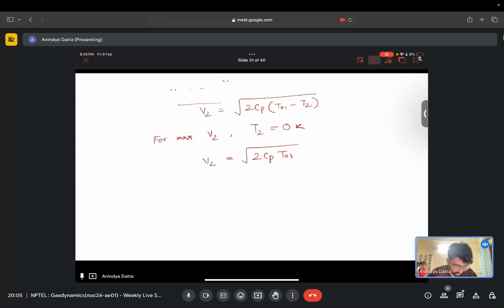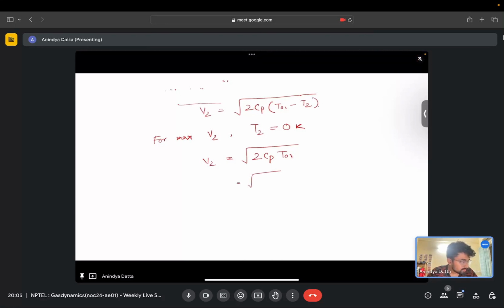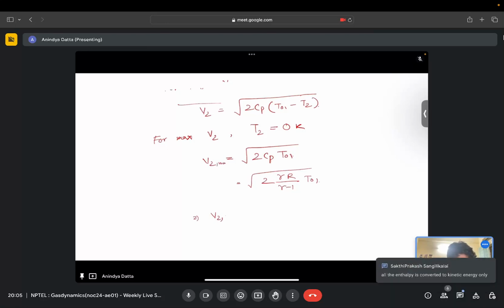You can also write the formula in terms of R, so these two formulas are there. Exactly right, enthalpy is converted to kinetic energy only, so there is zero internal energy or enthalpy.